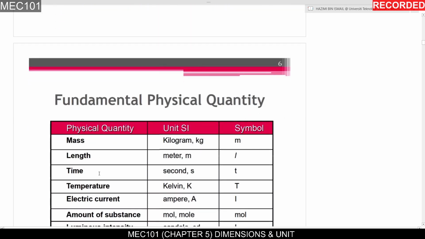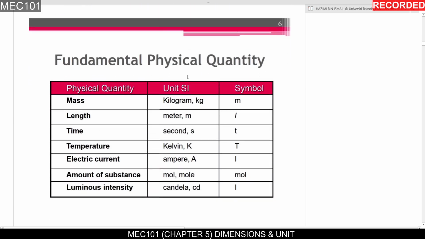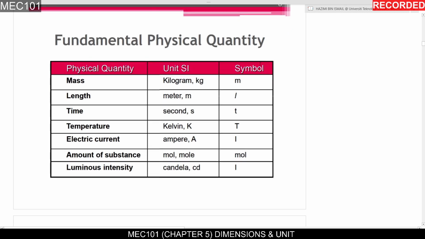Okay, so basically for the basic quantity, or in this slide we call it fundamental physical quantity, there are only seven basic quantities. I think you have learned this in your Form 4 syllabus, because I still remember this one.